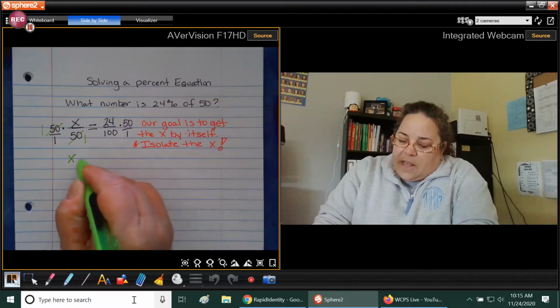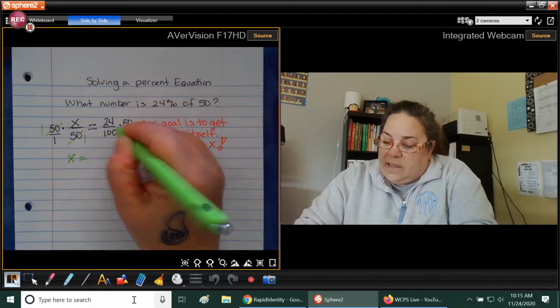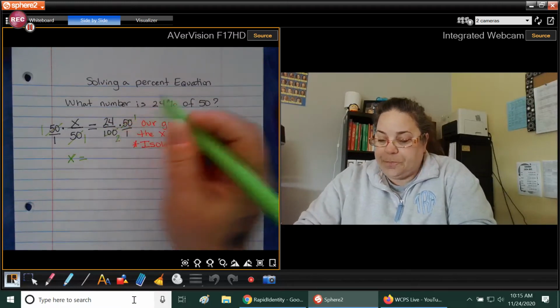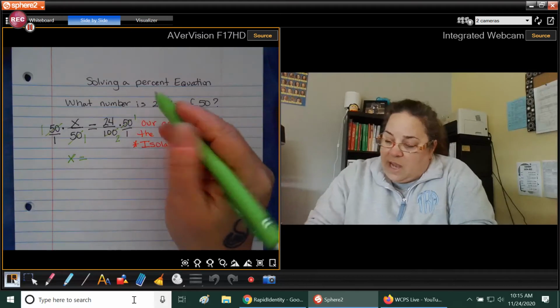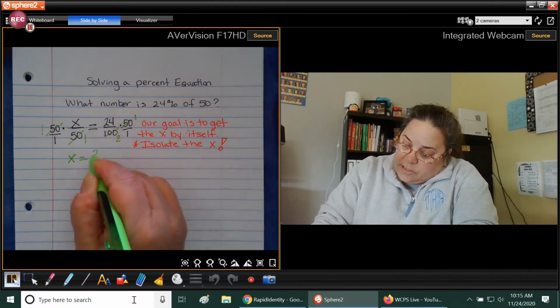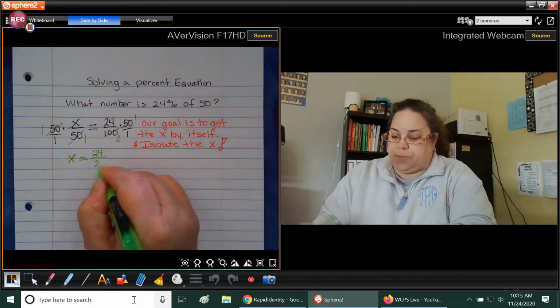All right? And then you're going to do the same thing on this side. So 50 and 100 simplify. This is a 1, and this becomes a 2. Now I'm multiplying straight across. I get 1 times 24 is 24, and 2 times 1 is 2.